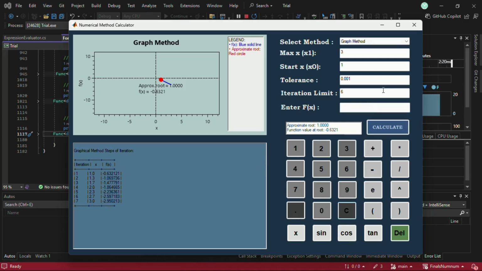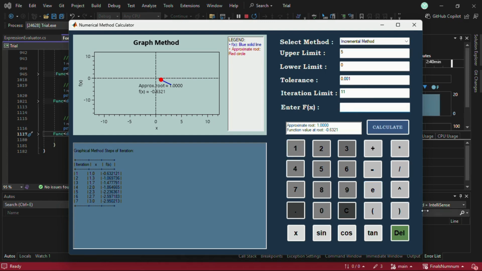Next up, we'll move on to the incremental method. Let's say the upper limit of this is 5, and the lower limit is 0. Iteration limit is, let's say, 11.